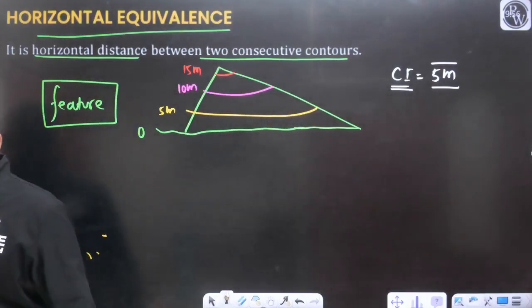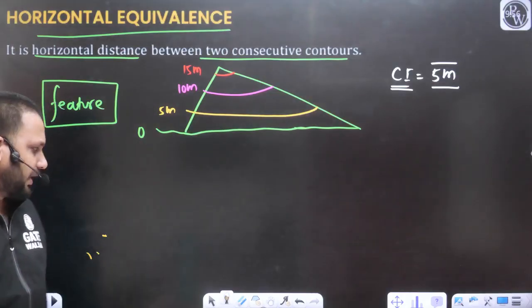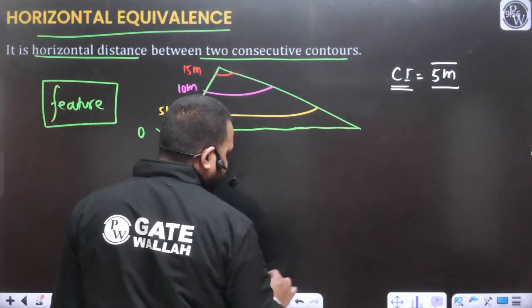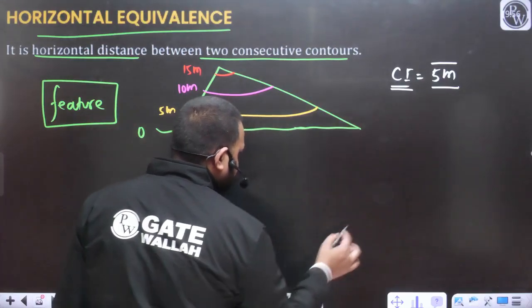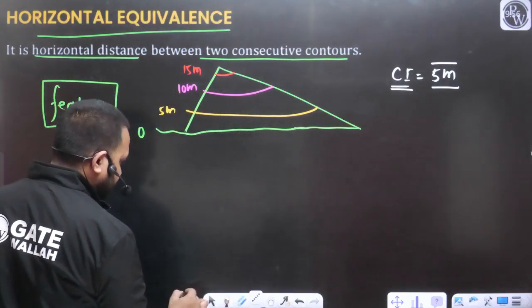Now let's try to draw the contour map. So I will draw a contour map for you. Let's see.